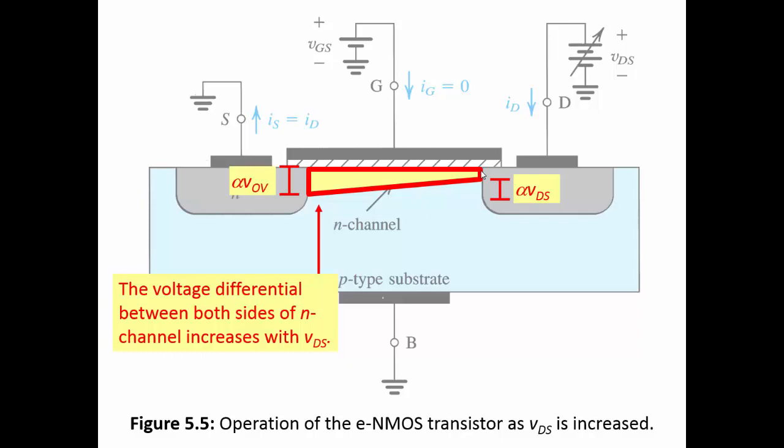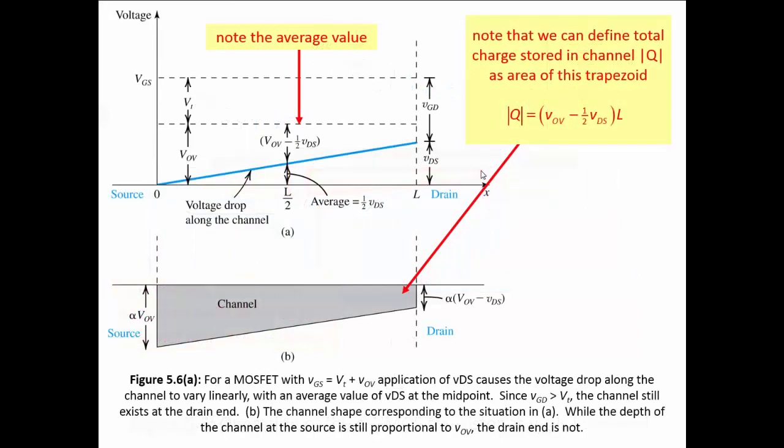Now we're going to see that's not the case. So let's go to the next slide here, and this will graphically help us arrive at a modification to our formula previously used for ultimately calculating current.